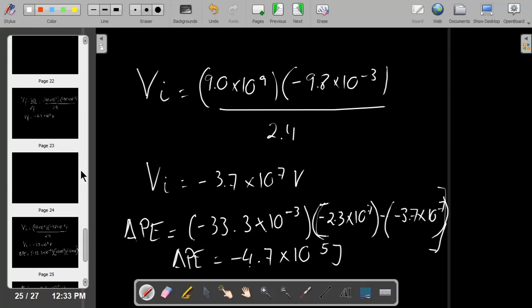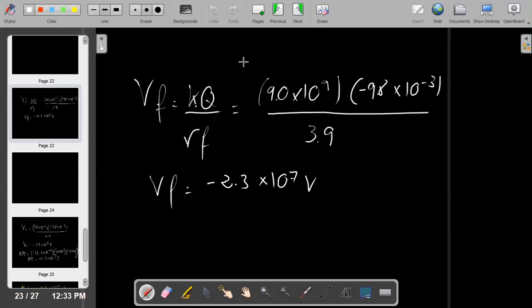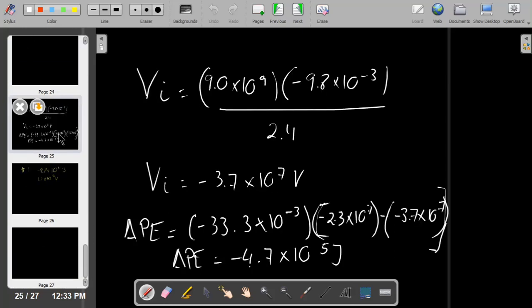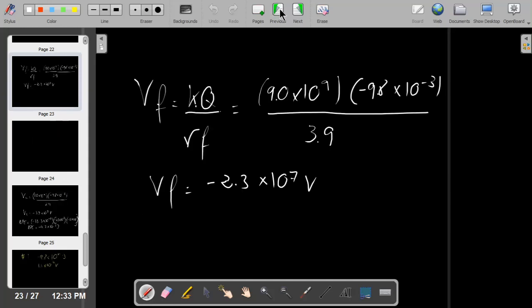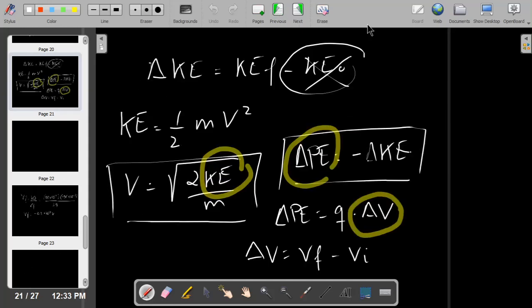If you remember, let's see if I have it here. No, that's not it. I lost it. Previous. Here. If you remember, my kinetic energy now is just going to be the same as my potential energy, but with a sign change. So I'm going to do another page here.